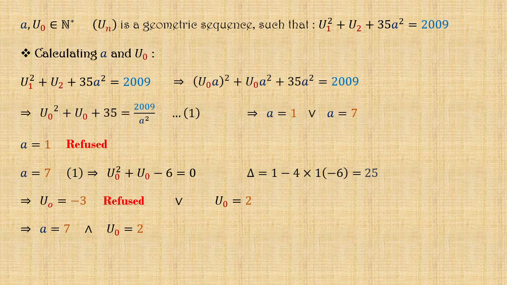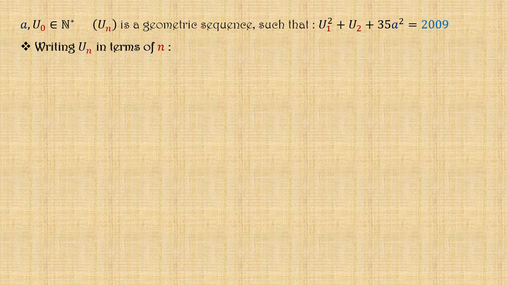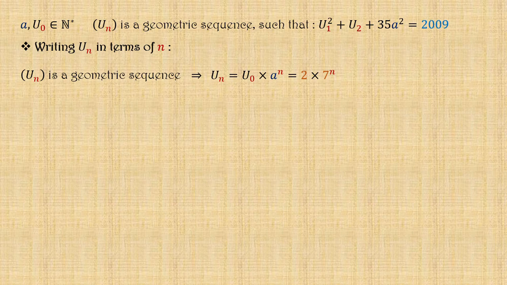Now, let's write the general term un, in terms of n. So, as un is a geometric sequence, then the term un equals u0 times a to the power of n, which equals 2 times 7 to the power of n. Now let's express the sum Sn of the n plus 1 first terms of our sequence in terms of n.